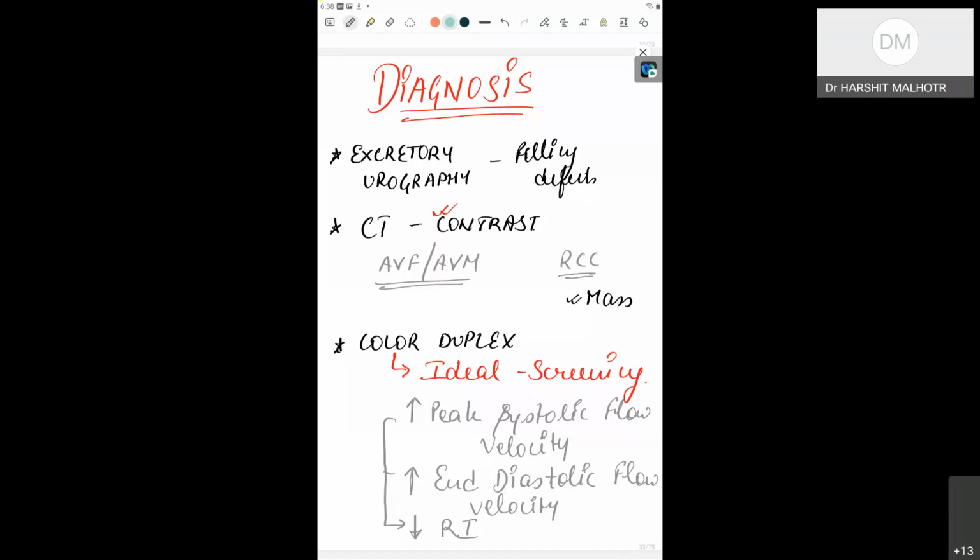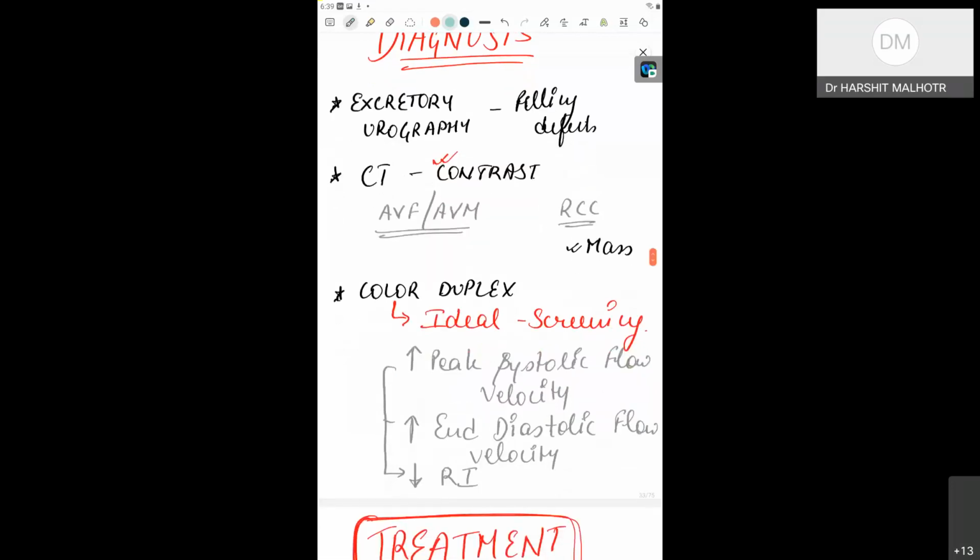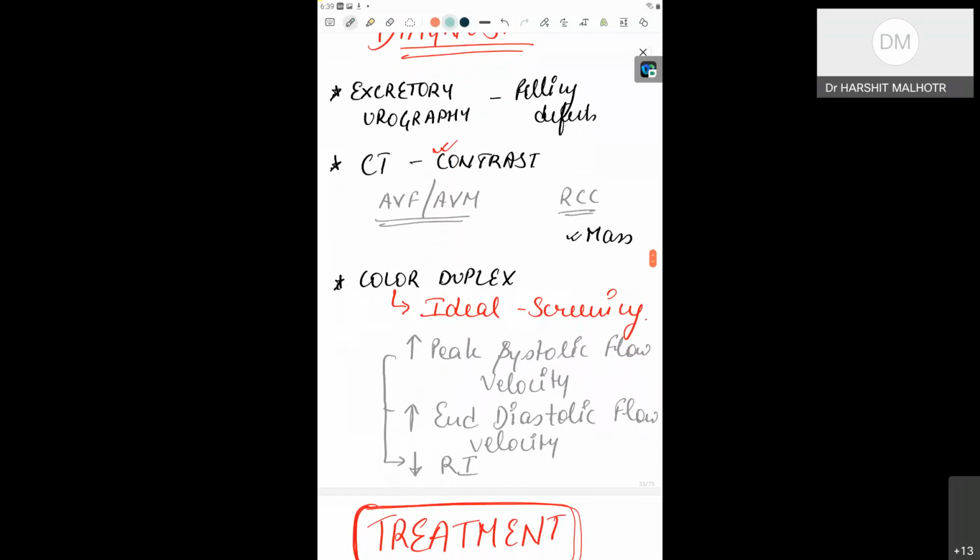But it is very difficult to differentiate on CT whether the cause is a congenital AV malformation or an acquired AV fistula, or a renal cell carcinoma, in which the hallmark is multiple AVFs. But what we can see is that there is a mass in RCCs, which helps to differentiate.